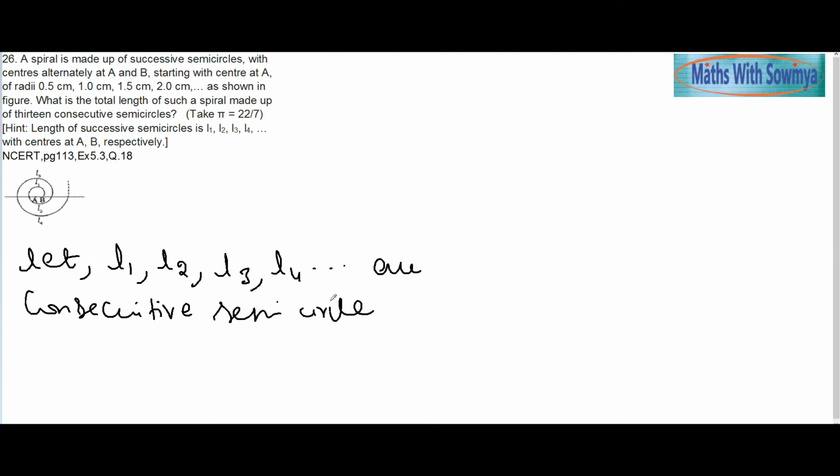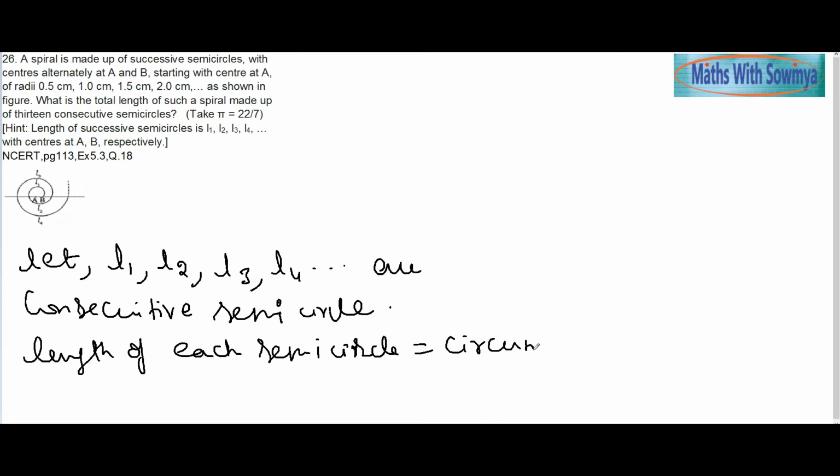The length of each semicircle is what? We know the circumference of a semicircle is pi r1.